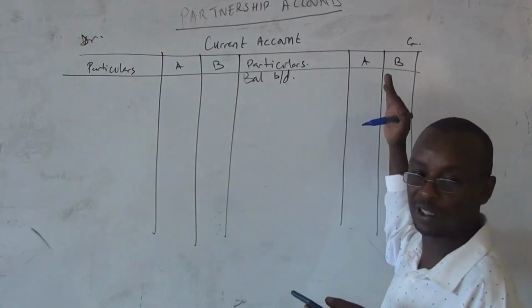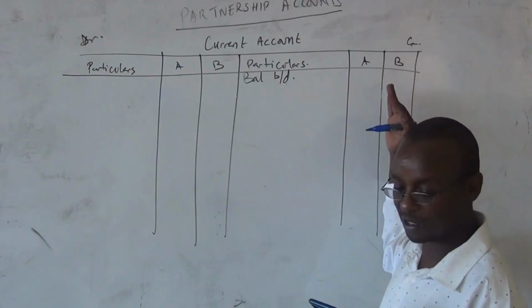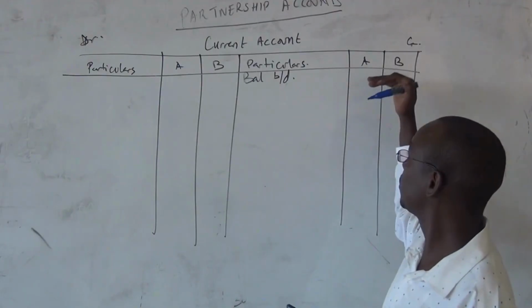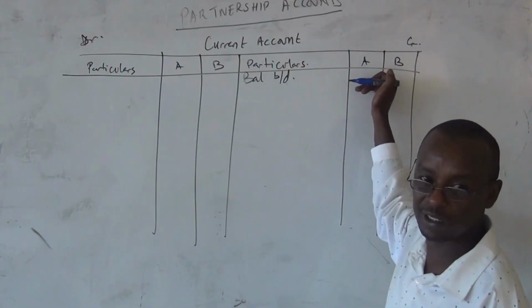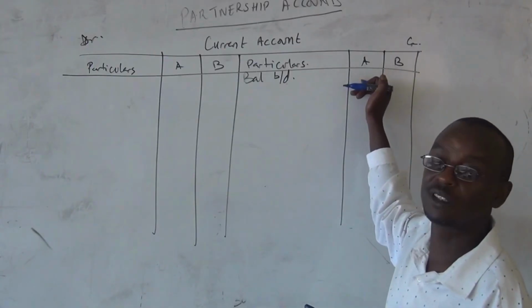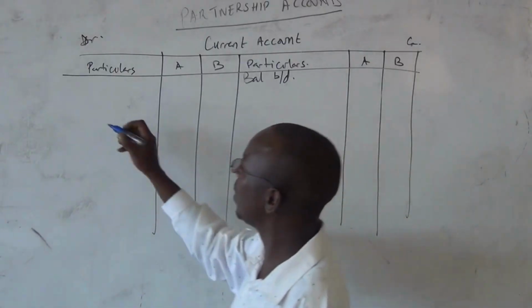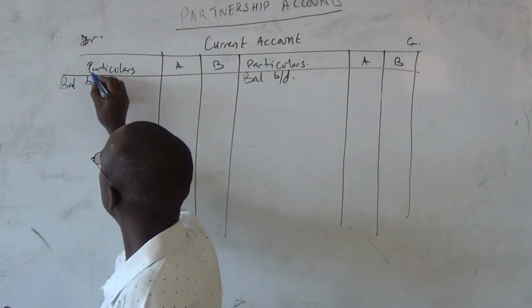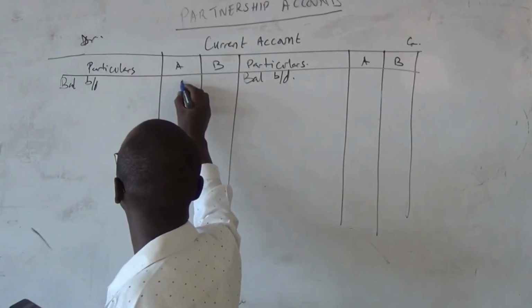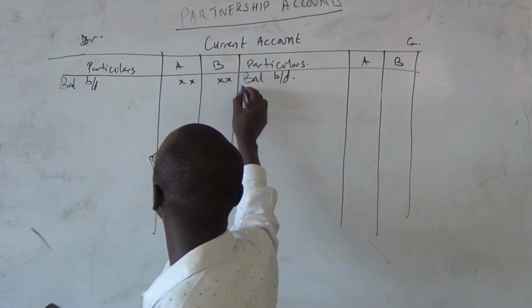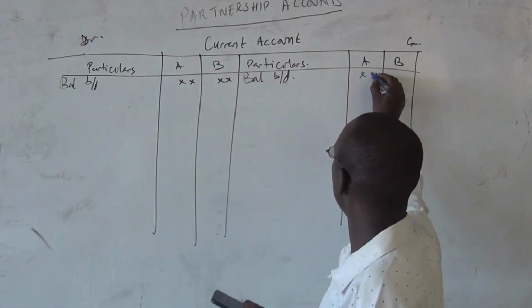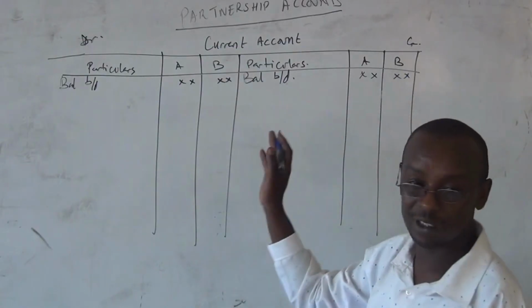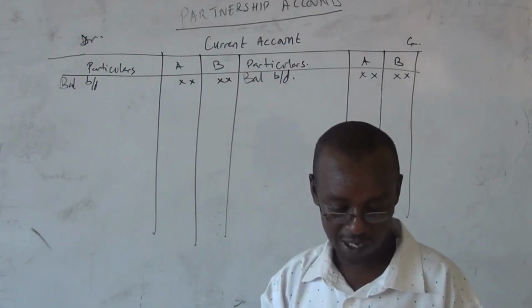It shows balances on this side. But it is normal to have a balance brought down on this side. So your question will tell you where the balance brought down is. It is either the debit or credit side.